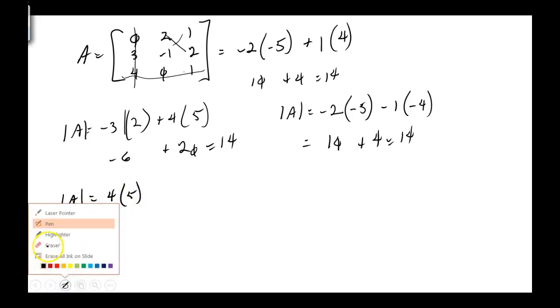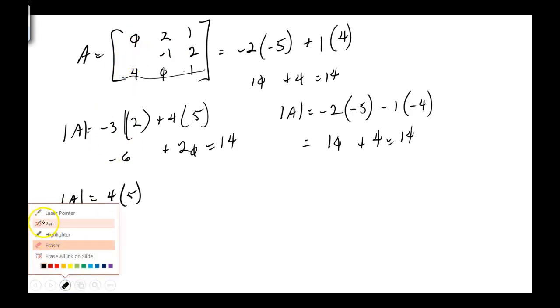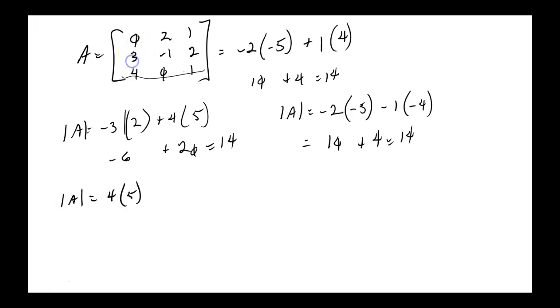And then I'll erase those. It's so easy to do with my magic pen. Ooh, I erased too much. Y'all have to tell me what number I just lost. 3. It was a 3. Okay. So next, that 0 is going to give me nothing.